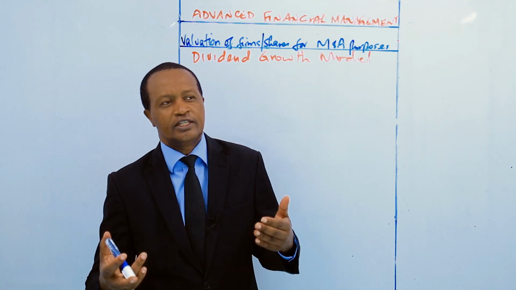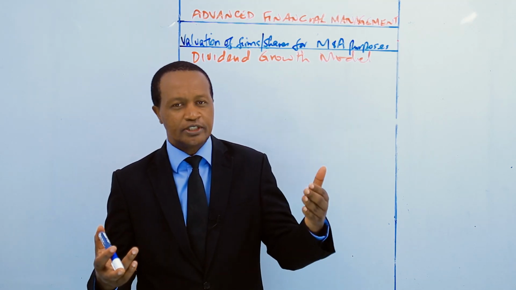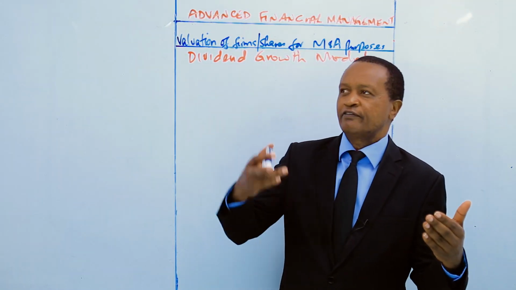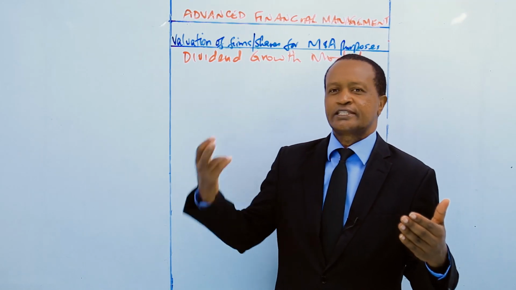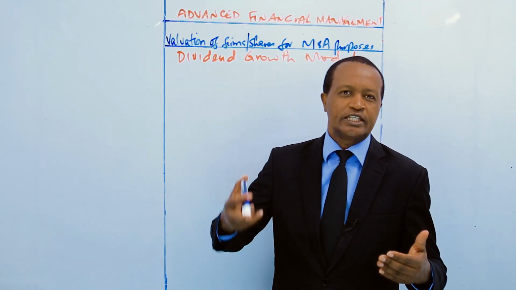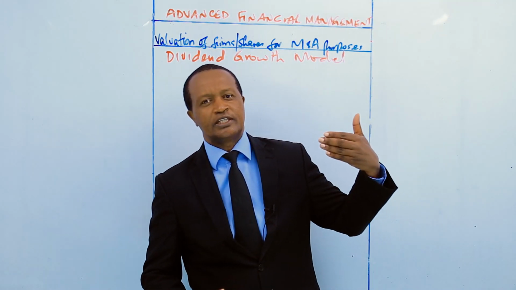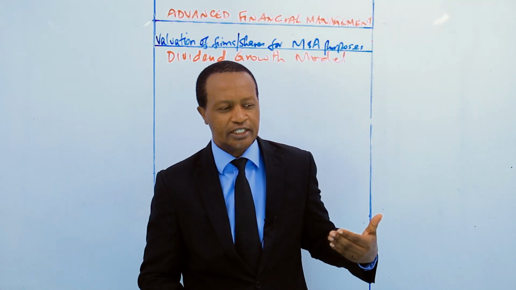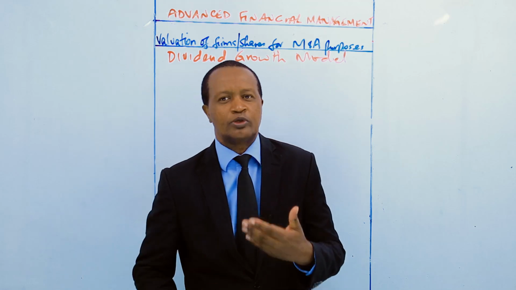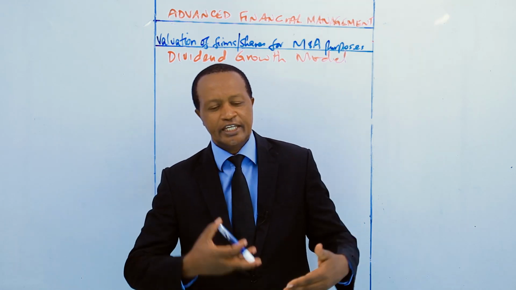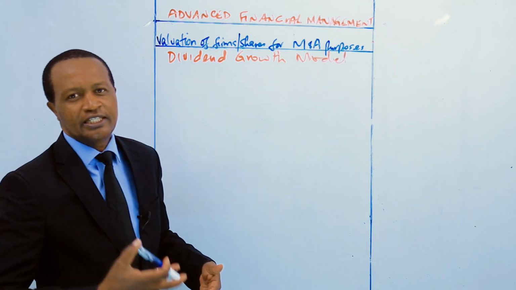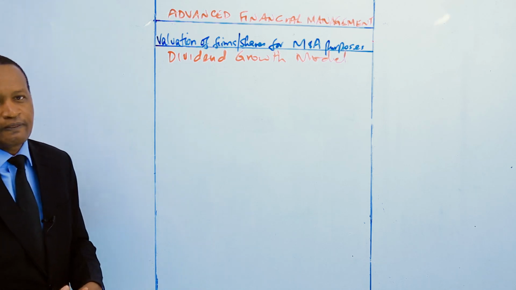This model operates on the principle that the value of a company is the sum of all future dividends discounted back to their present value. It's most applicable to companies that have a history of consistent dividend payouts.